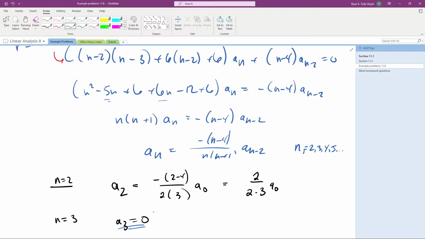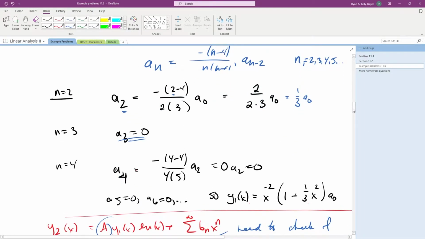Well, if you calculate a2, you can see that the 2 goes in here to replace the n. 2 minus 4 is -2. You cancel the negatives, you get 2 over 6, which is 1/3 a naught. But what happens at a4? Well, at a4, the 4 goes in for the n, and 4 minus 4 is 0. So that means a4 is 0 times a2, which is 0.